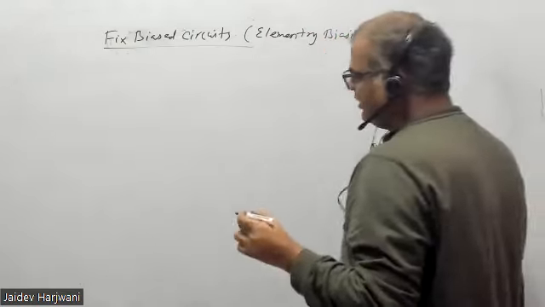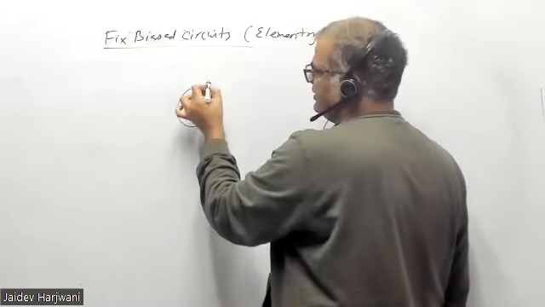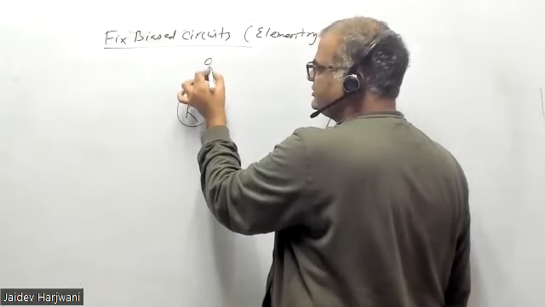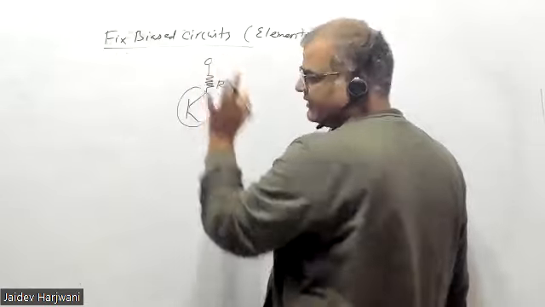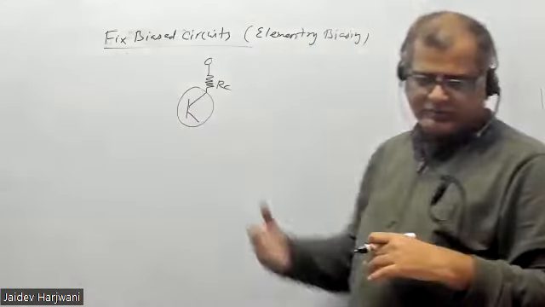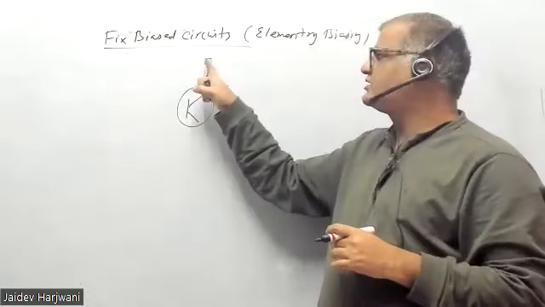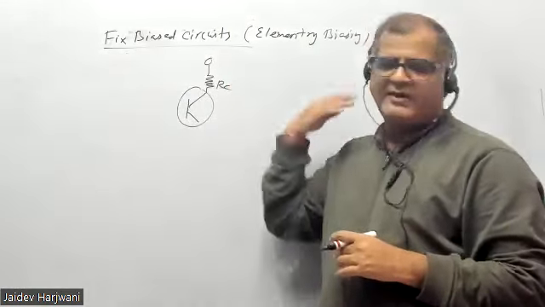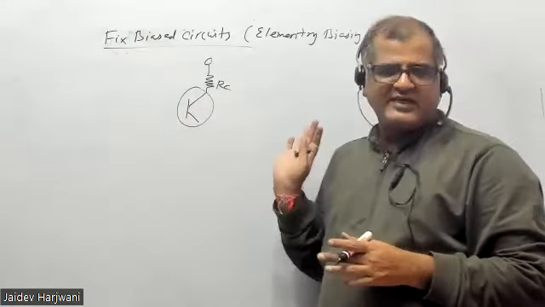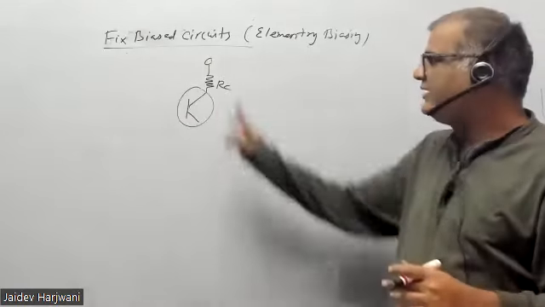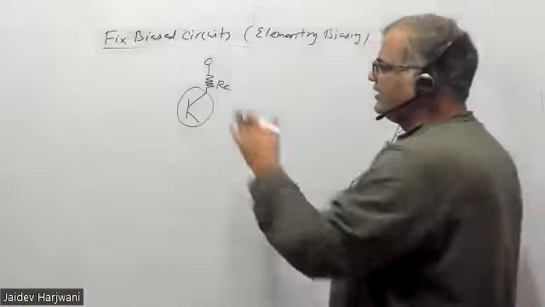Now I have a transistor. I am only using a single battery. With a single battery I am applying bias to this transistor. Using this single battery, I can connect two transistors, 3, 4, and n number of transistors, and this single battery will provide the biasing to every transistor.